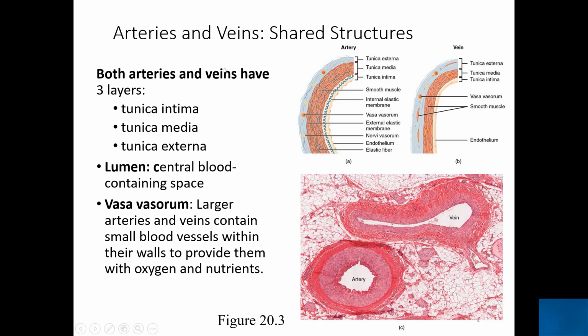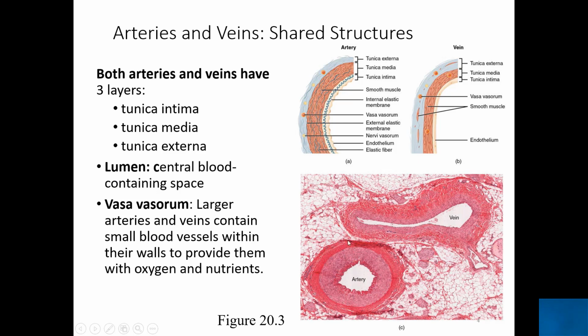So arteries and veins have a lot in common. Each of them is made of 1, 2, 3 layers. And those layers, starting from the inside, are called tunica intima, tunica media, tunica externa. And lumen is that central space where blood actually is located.